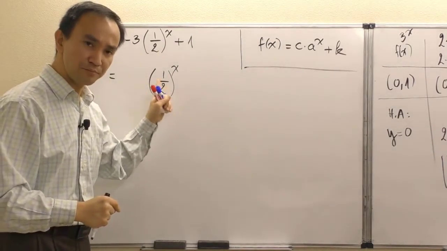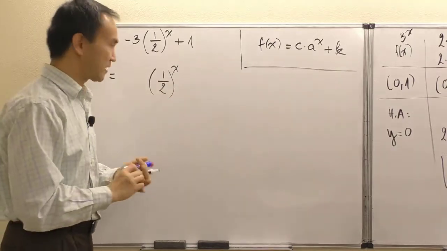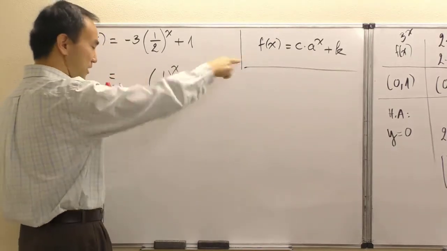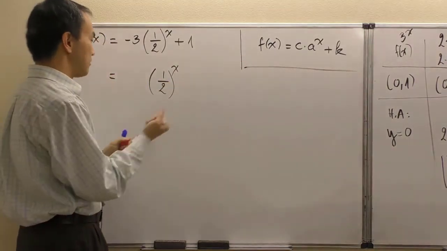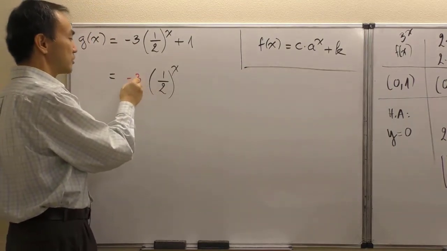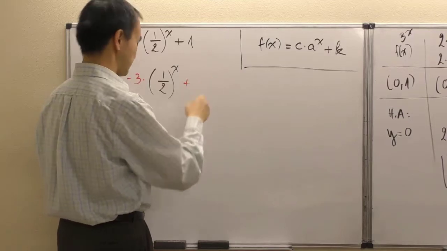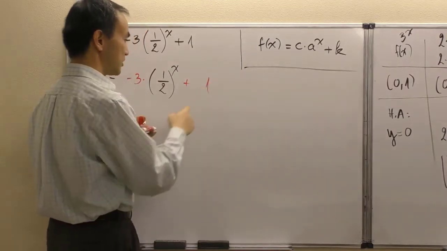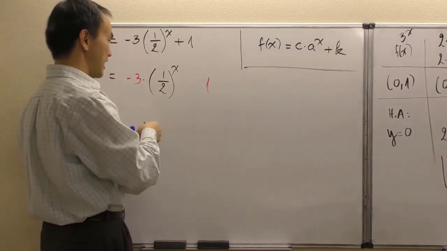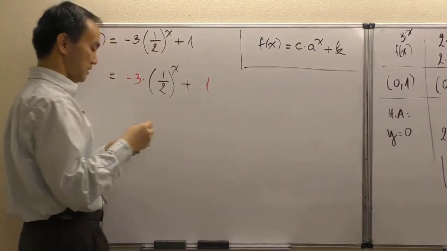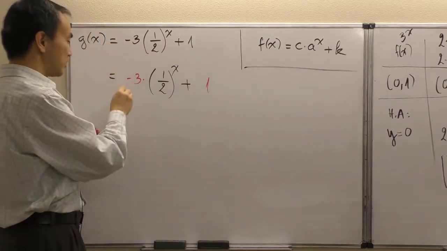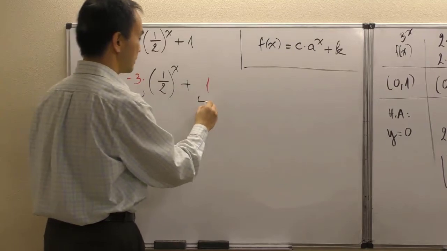Admittedly the base here is less than 1, but what I want to show is it's in the form of a constant c, our constant coefficient, which is -3, multiplied with that, and then we add 1. So this is c right here, and this is k.